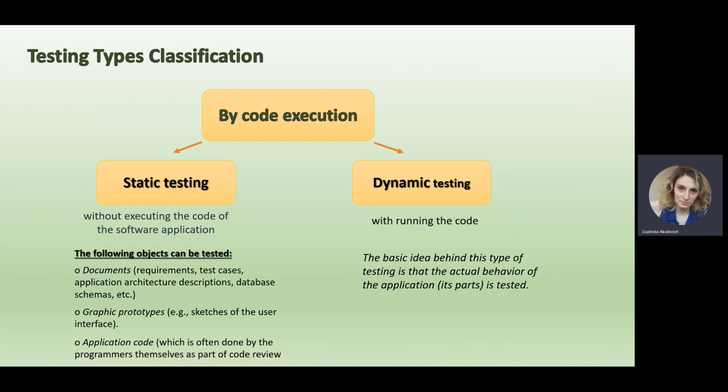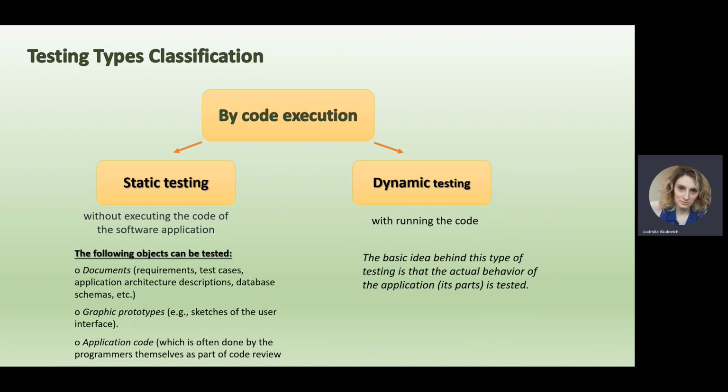So what are you going to test? You're going to test your documents and mostly, of course, requirements. Maybe different schemes, for example, database schemes, different mockups, prototypes, maybe parts of the code if you have knowledge of it. If we are talking about dynamic testing, this is testing that is performed with running the code.